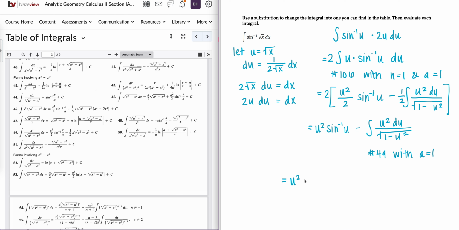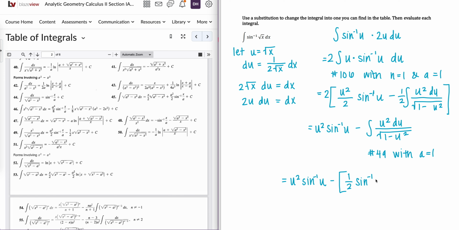So I've got my u squared inverse sine of u. Then from all this, don't forget that minus in front. So going over here to number 49, I've got a squared over 2. So 1 squared over 2, it's a 1/2. Inverse sine, and it's going to be u over 1 in our case.